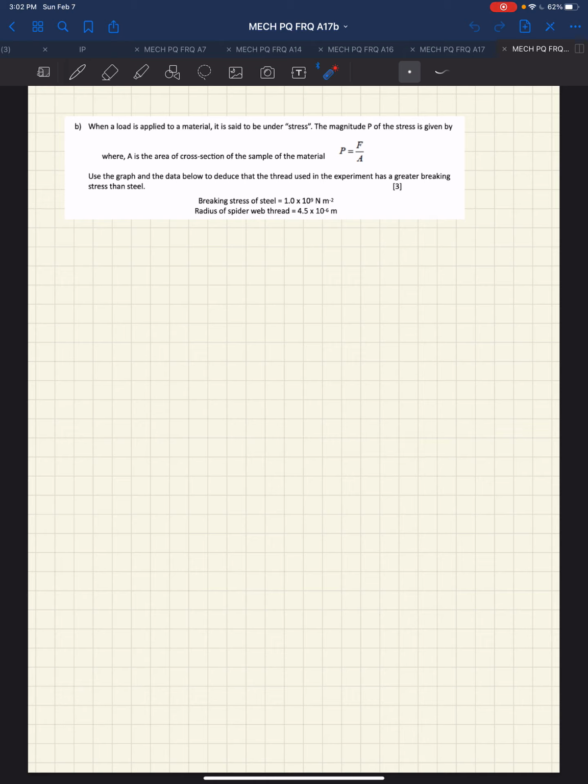Use the graph of the data below to deduce that the thread in the experiment does have a greater stress than steel. So we need to use our graph, and the data below is greater than the breaking stress of steel.